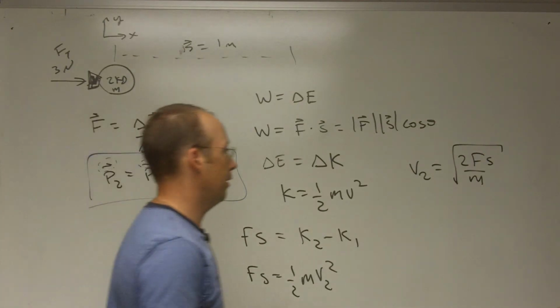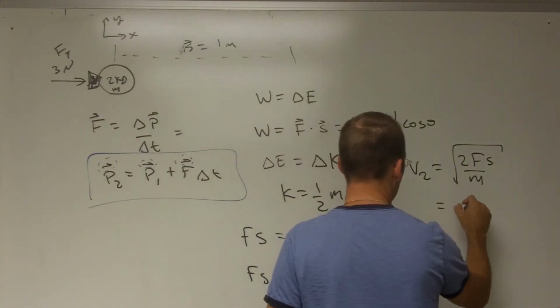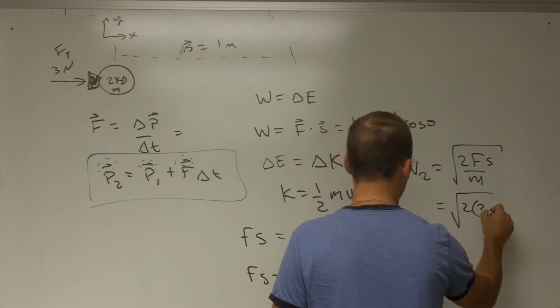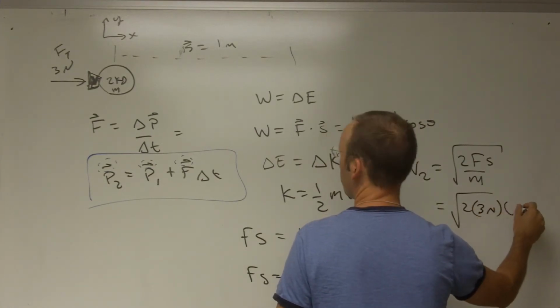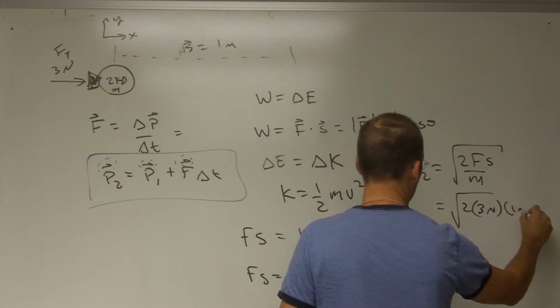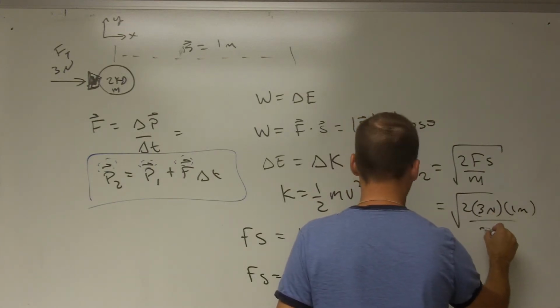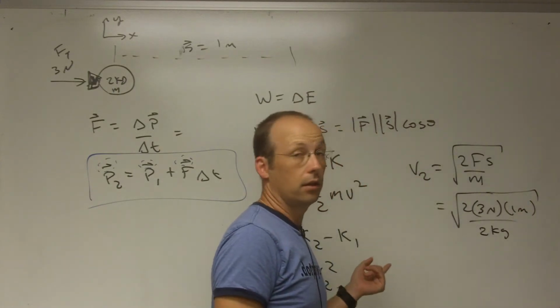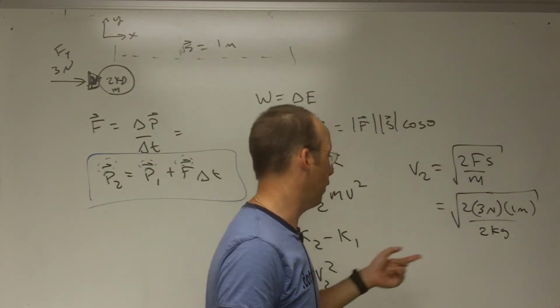Now let's just put in some values because that makes everyone happy. Square root of 2, and then the force is 3 newtons, the displacement was 1 meter, over 2 kilograms. Okay, so let's check our units to make sure they work out right.